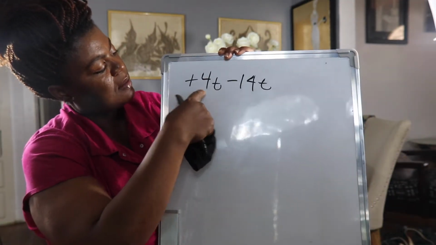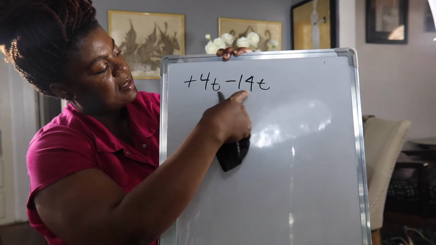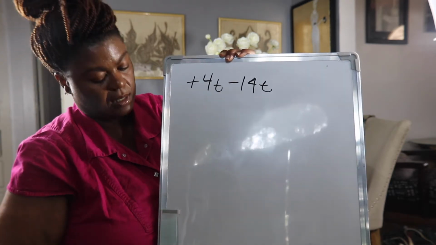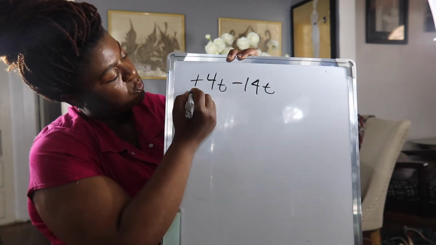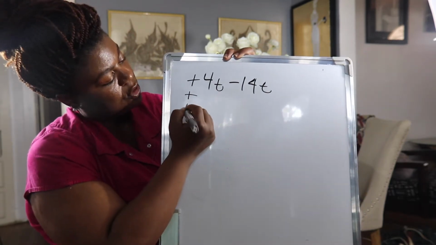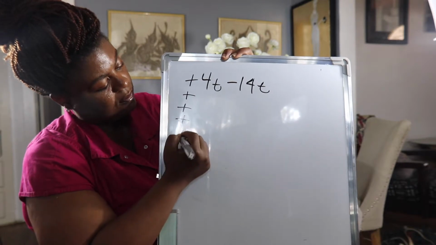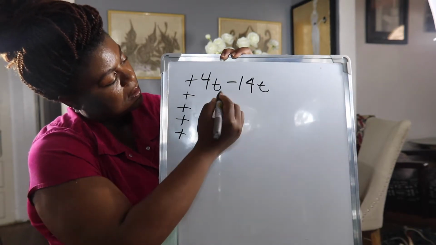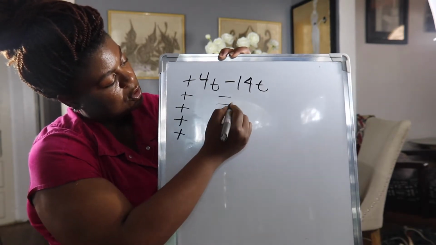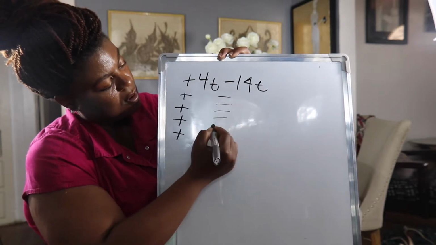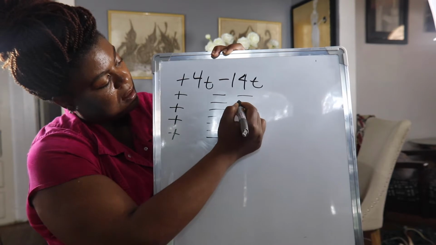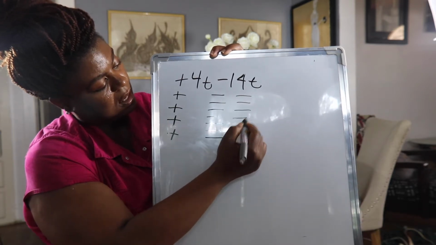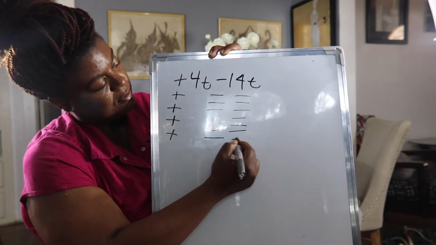So we have positive 4t minus negative 14t. So that's 1, 2, 3, 4 positives. 1, 2, 3, 4, 5, 6, 7, 8, 9, 10, 11, 12, 13, 14.